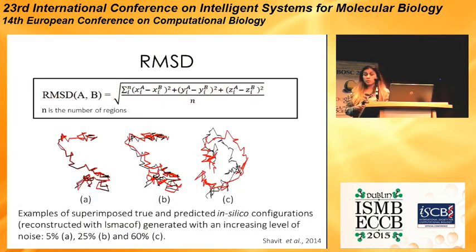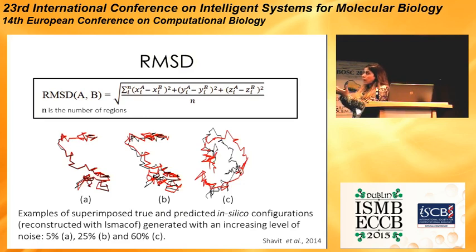The last measure is more related to in silico configurations, because FISH is low throughput, which means that you can measure the distances only between a very small set of genes. So you also need to think about toy models and how to systematically evaluate that.